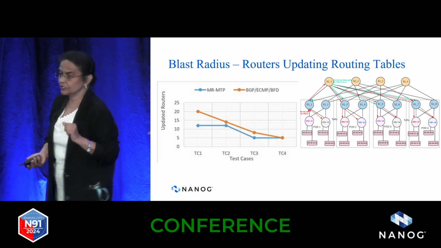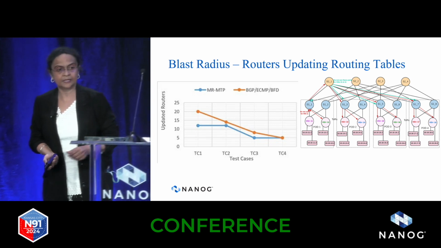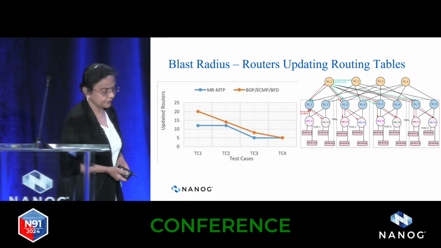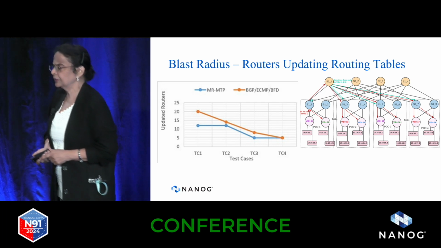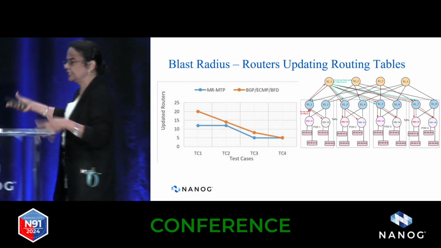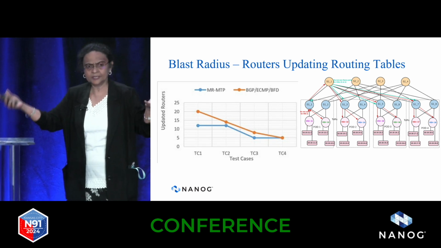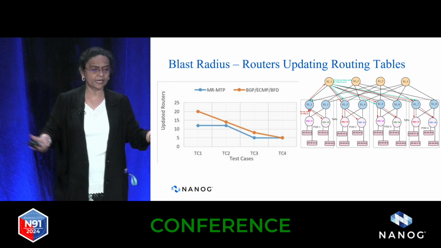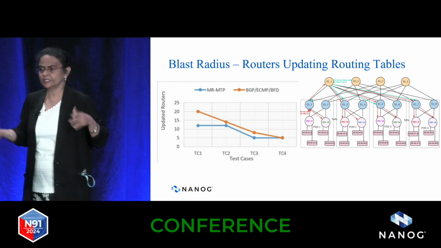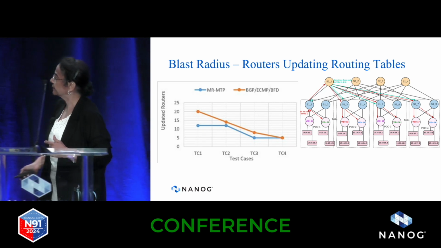And this is the blast radius, that is the routers that updated their routing table, which is very important because that tells you how stable the protocol itself is, because when you're changing the routing tables, it introduces instability. Your packets can be lost, misdirected, duplicated, etc., and that's not good performance.